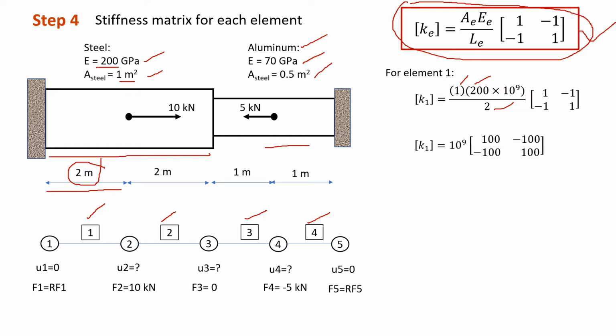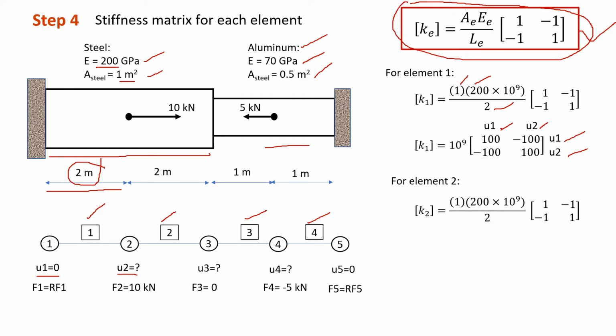And note that element 1 is between U1 and U2. So please note down above the matrix, U1 for column 1, U2 for column 2, and for the first row U1, second row U2. Please note down this notation as it makes it easier for us later on when we assemble the matrix into the global matrix.